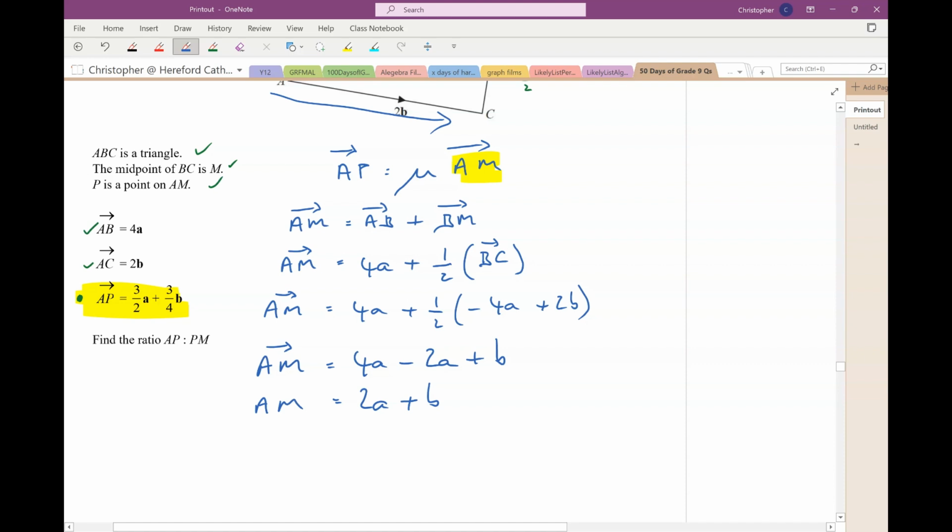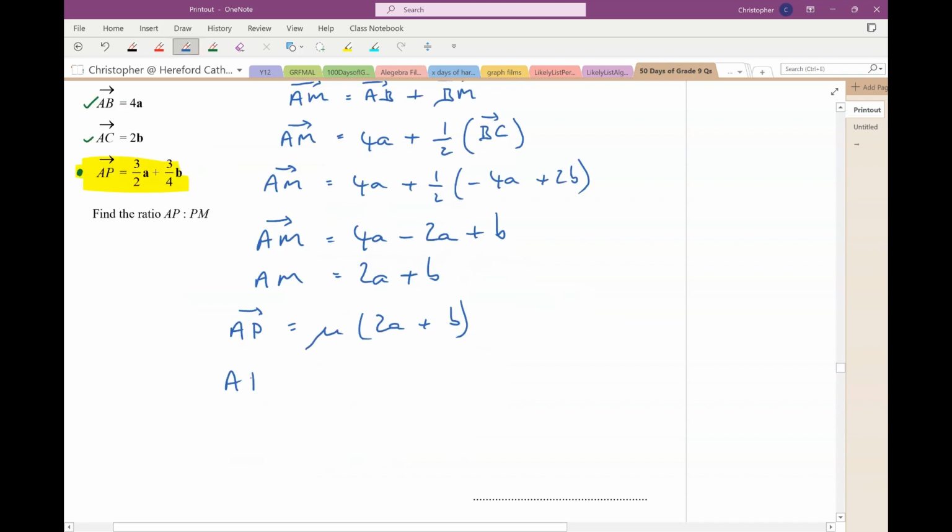Okay, now remember that AP is mu times AM. So therefore AP is mu times that. So AP is 2 mu A plus mu B. But wait a minute, because I also know that AP is 3/2 of A plus 3/4 of B. So look at that.